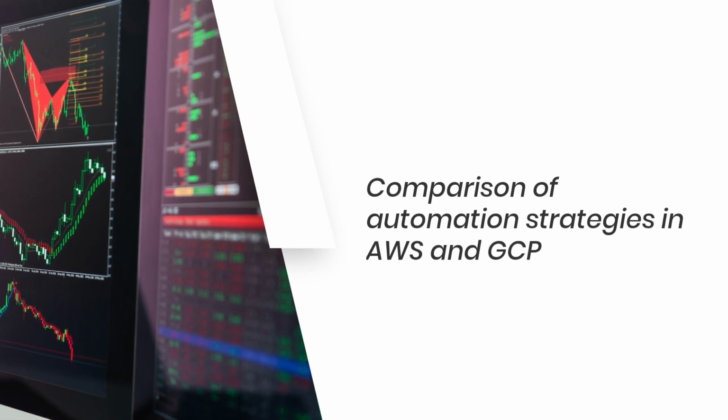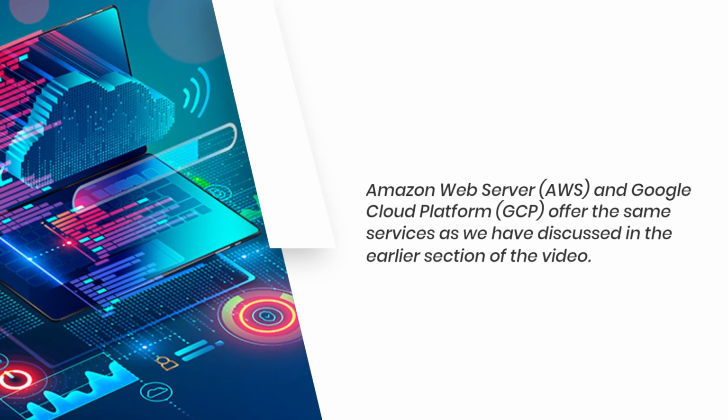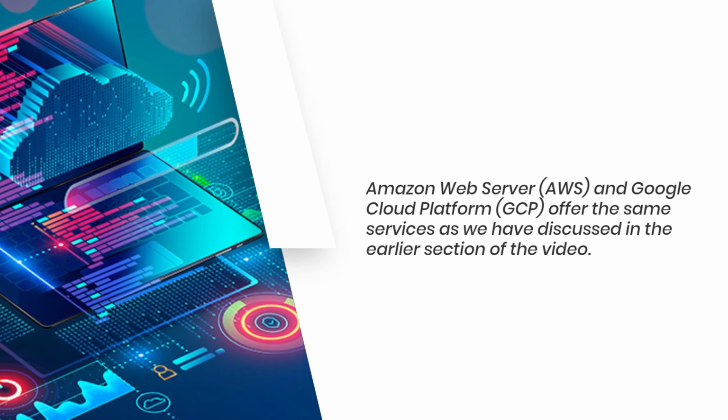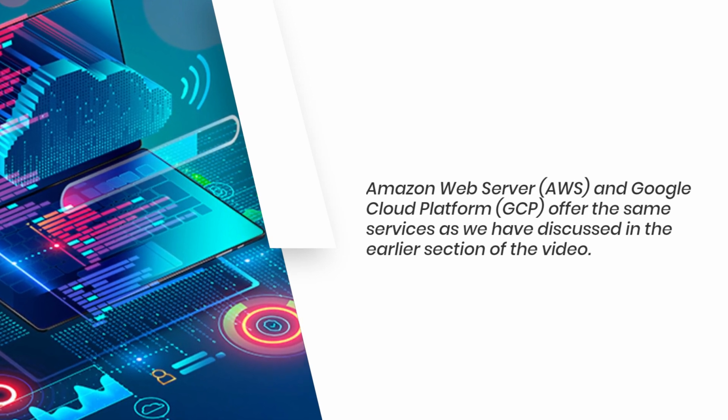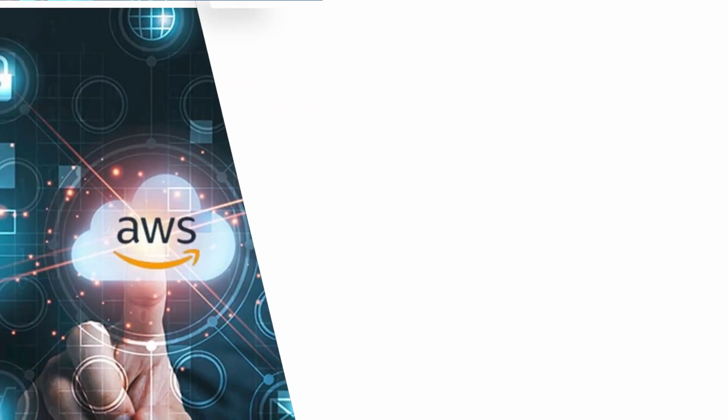Comparison of automation strategies in AWS and GCP. Amazon Web Services, AWS, and Google Cloud Platform, GCP, offer the same services as we have discussed in the earlier section of the video.